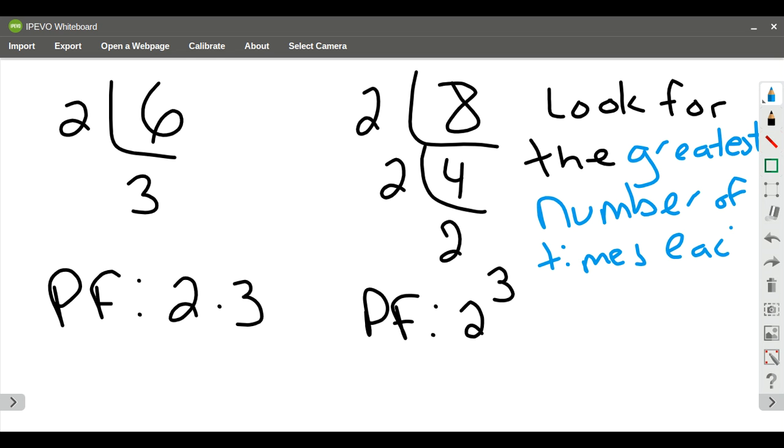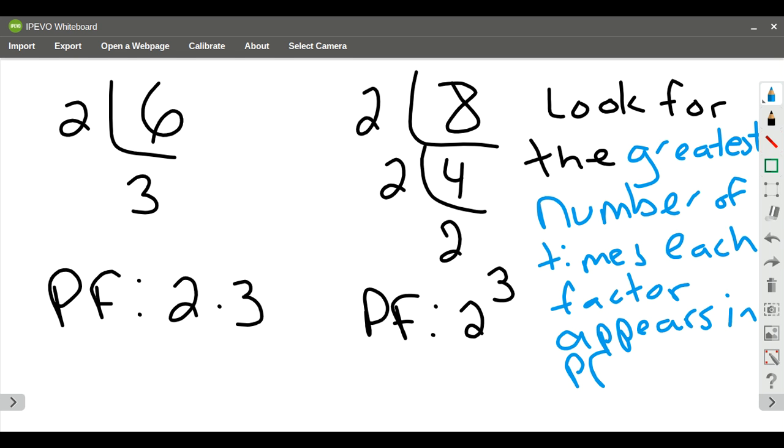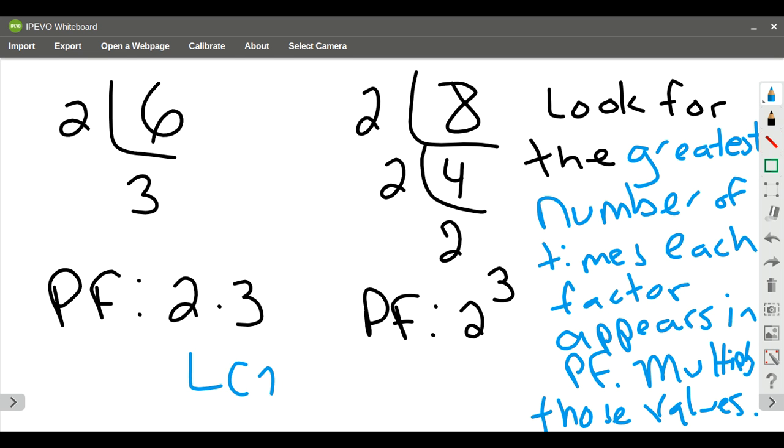Okay, and then I'm going to multiply those values. And when I multiply those values, it's going to give me my LCM.